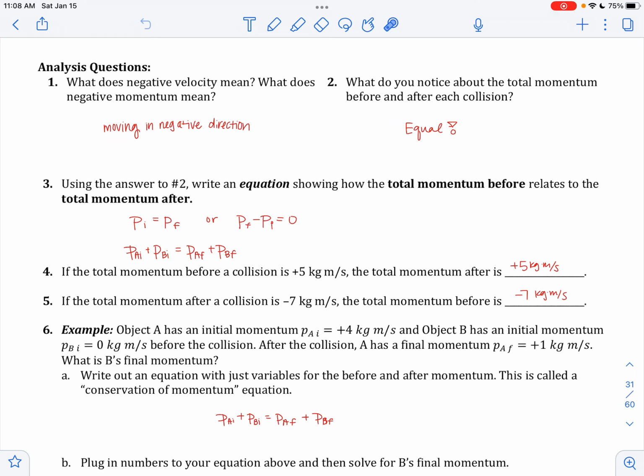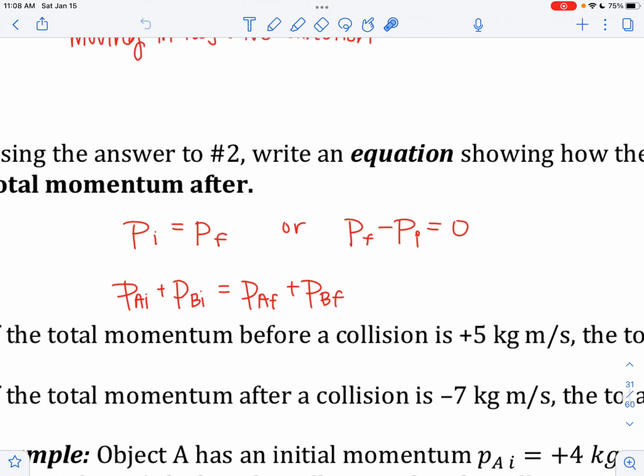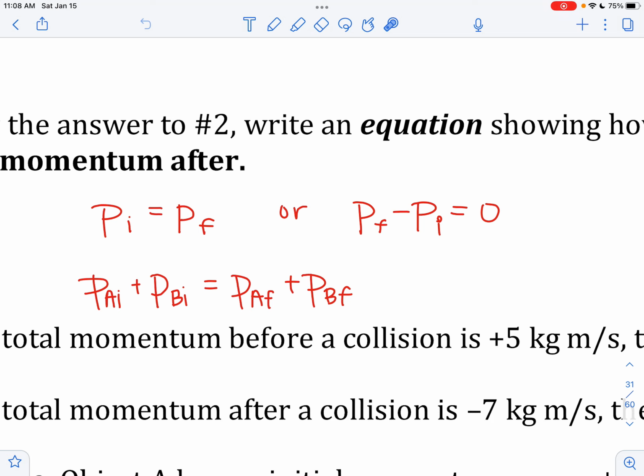For number three, write an equation showing the total momentum before relates to the total momentum after. A couple different ways we can write this, and we'll see this on the next page even more. We could write it the momentum initial equals momentum final, or we could say, if we take the final momentum minus the initial momentum, we're going to get 0 because they're always going to be the same. Or, and I think this is probably the clearest way, we can split them up.